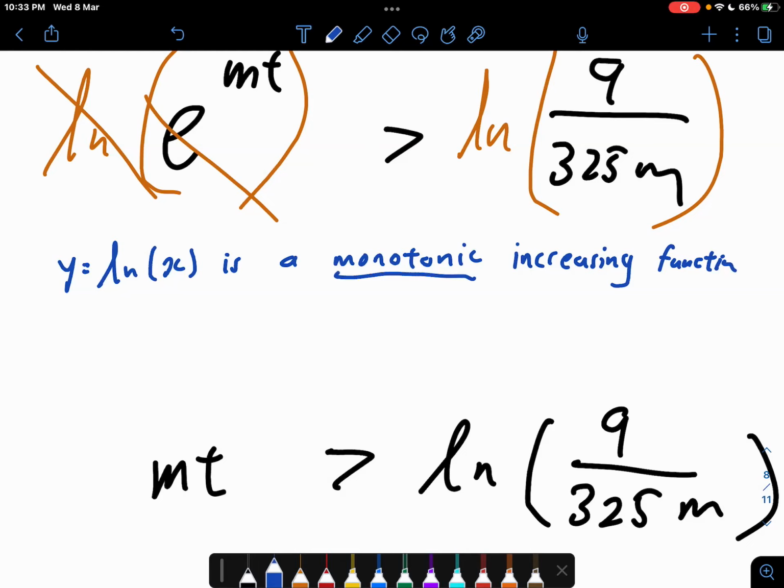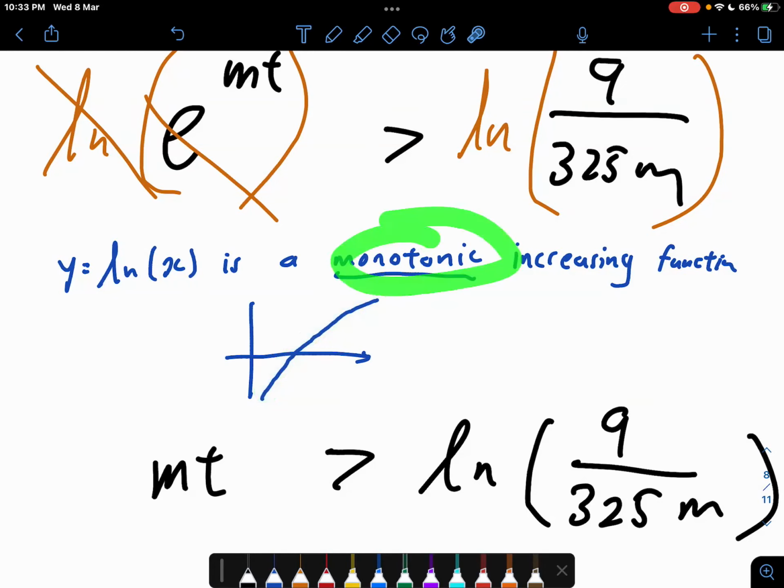It means that if you draw the graph of ln x, as x increases, what happens to the graph? It's always going up. Okay. Does it ever go down before it goes up again? No. Like some cubic curves, you see? Or like a cosine curve or sine curve. No, it always goes up. So that's the meaning of monotonic. It never goes down.